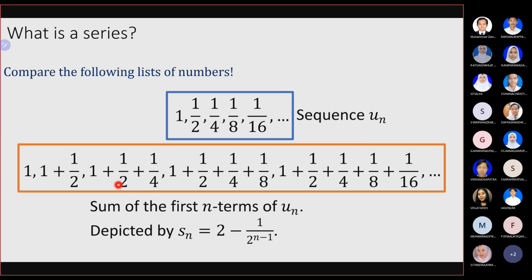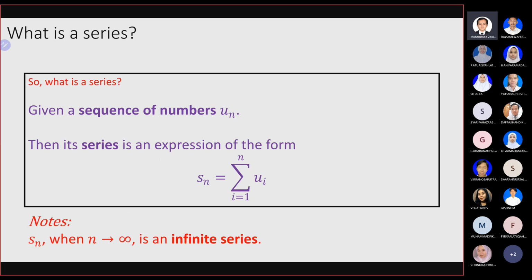Jadi deret. So what is a series? Series is basically if we have a sequence of number UN, then the series is expression of this form. Jadi kalau kita punya barisan UN, maka series atau deret itu adalah jumlahannya dari UN. So now can anyone remember, recall what you have learned during your high school?